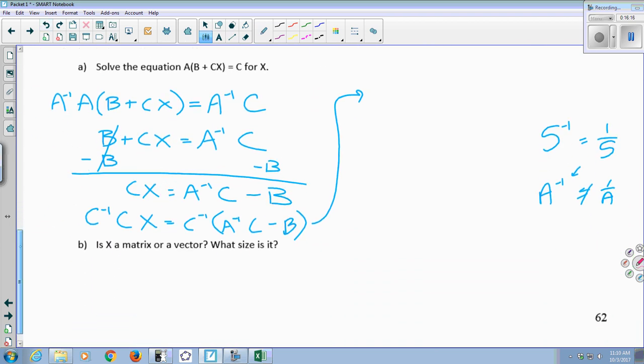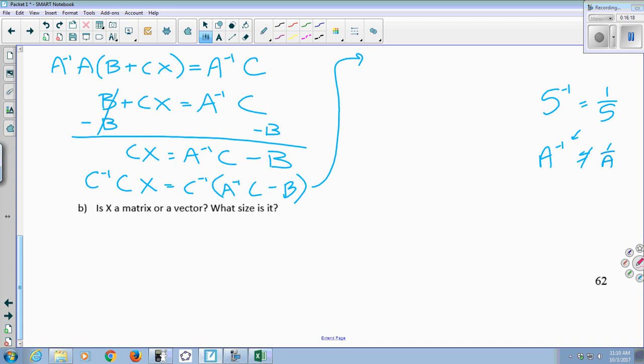There we go. Okay, so my C inverse and C cancel, so I just have X on the left. And then on the right, when I distribute that C in, it has to go on the left of everything when I multiply it in. So I'm going to have C inverse AC minus C inverse B. And I can't cancel that C inverse and that C because they have to be touching because I can't change the order.